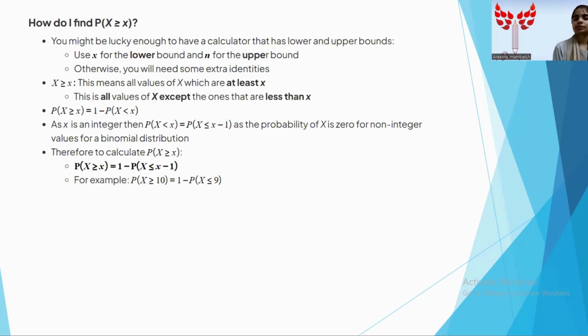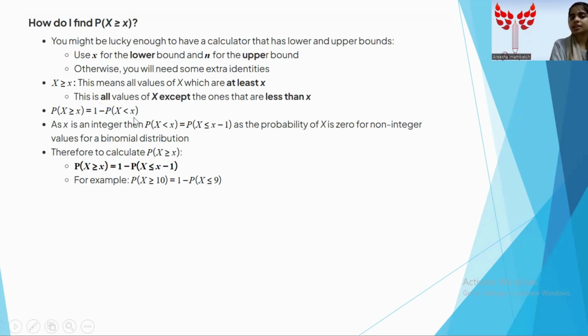In this case, it is the probability of X greater than or equal to x. So here, since you cannot have an infinite upper bound, n is your upper bound. But sometimes if n gets difficult, either you can go from x till n. The other way would be 1 minus the probability of X less than x.